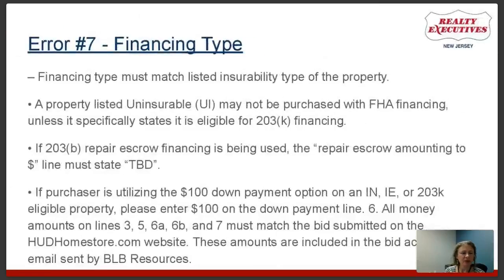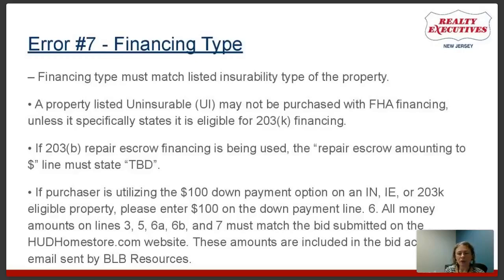Let's move on to the next one, financing type. Usually the purchaser knows up front what type of program they're going to use. Obviously, if it's cash, we know that. But if they are financing the purchase, it really depends on what type of program they are using. If a property is listed on the HUD website as uninsurable, it may not be purchased with FHA financing.